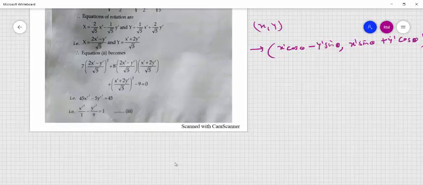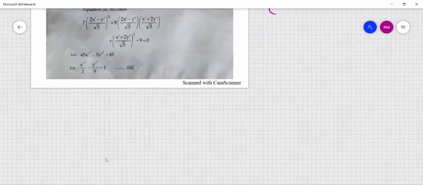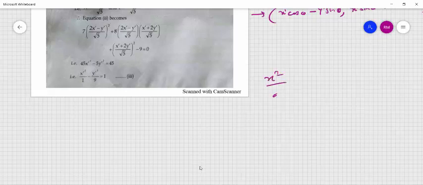So I hope from this equation 3 you can easily understand that it denotes the equation of a hyperbola. Here a equal to 1 and b equal to 3, because this can be written as x square upon a square minus y square upon b square equal to 1. a equal to 1 and b equal to 3, because 9 is there.